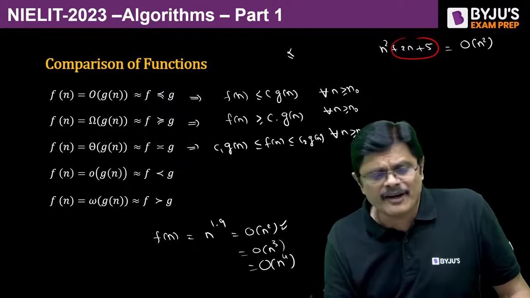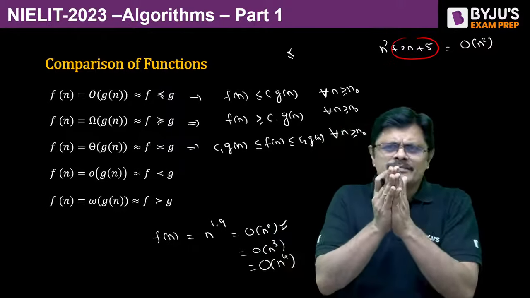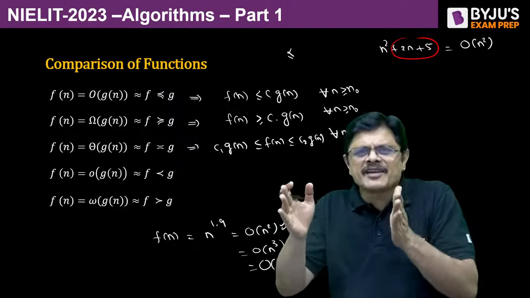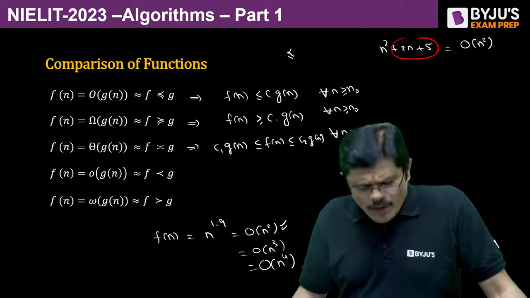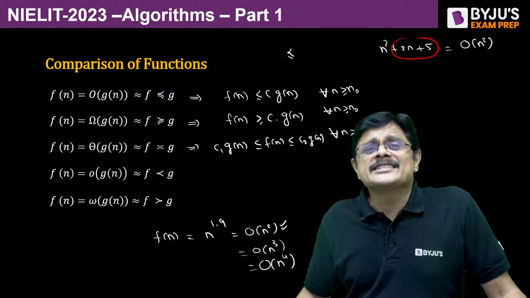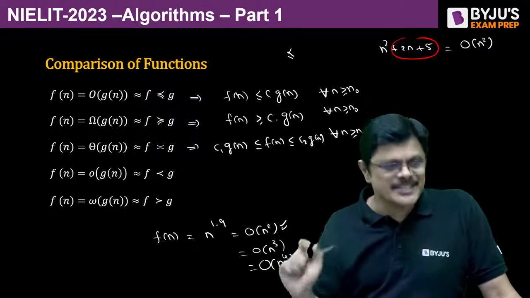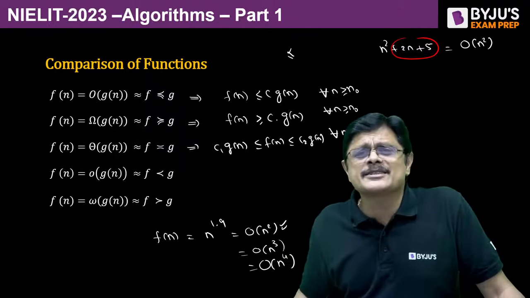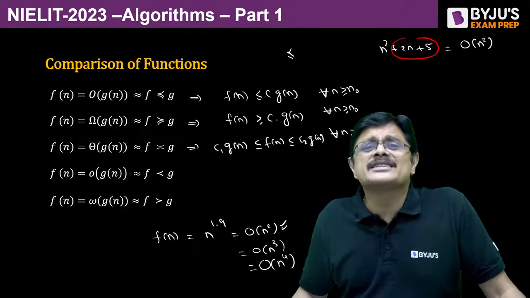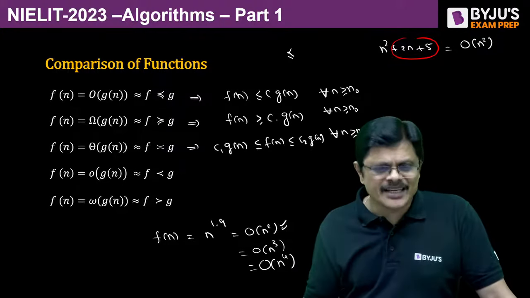Large n means after this n naught, this condition will always be satisfied. Of course, F(n) is small o of G(n) means it is asymptotically smaller, not equal. And when you say F(n) is small omega of G(n), it means F is larger than G but not equal to G. That is the idea here.